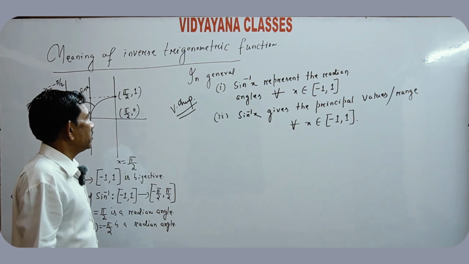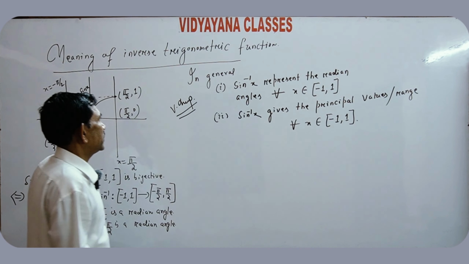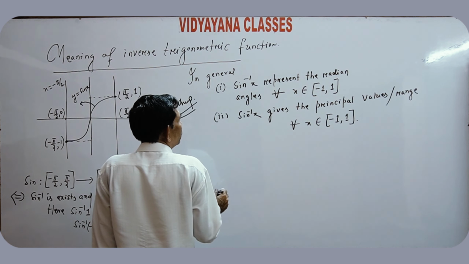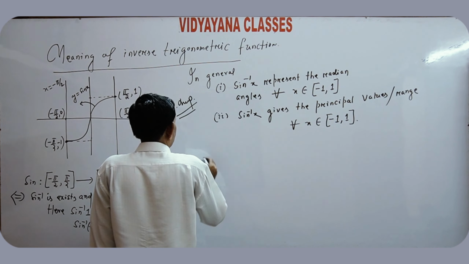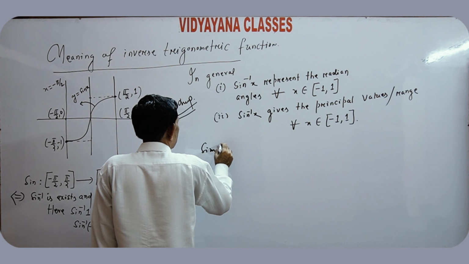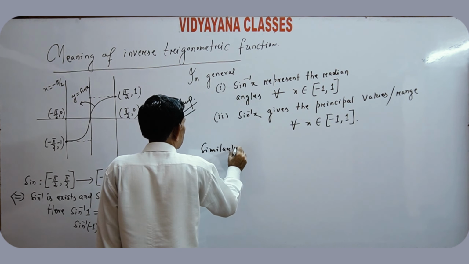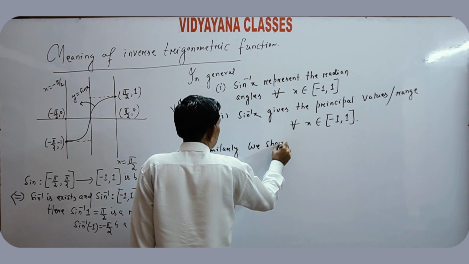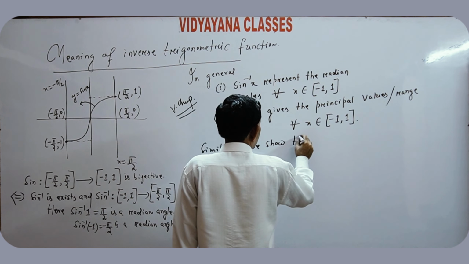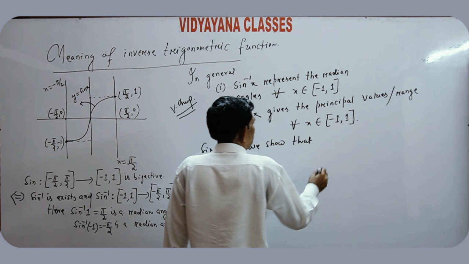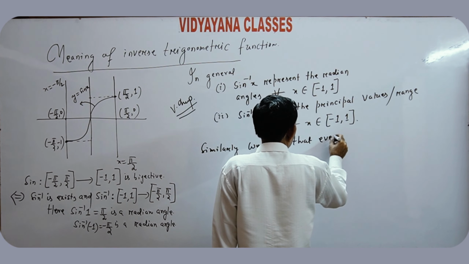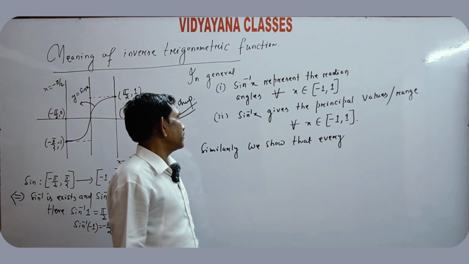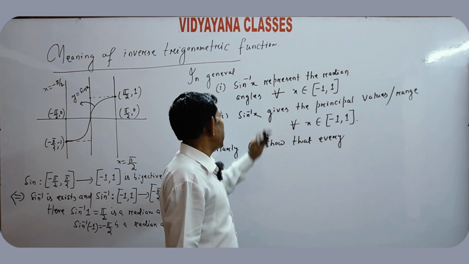From the above discussion, it is clear that, most important, similarly we can show that every sin inverse x represents a radian angle.